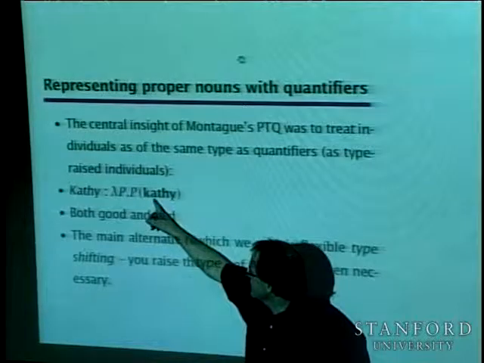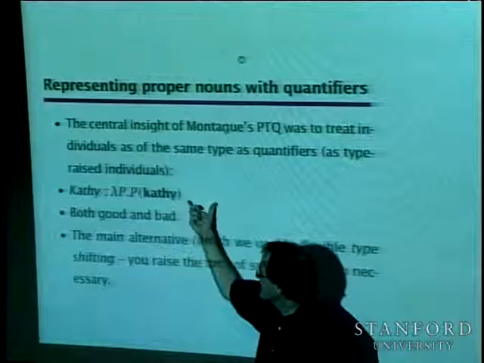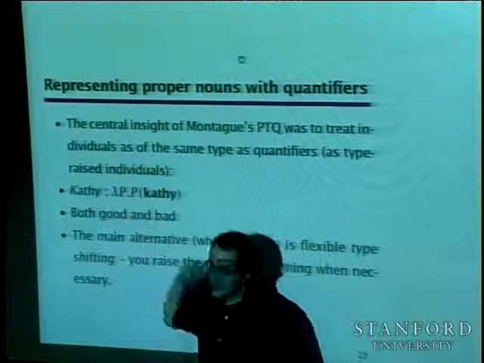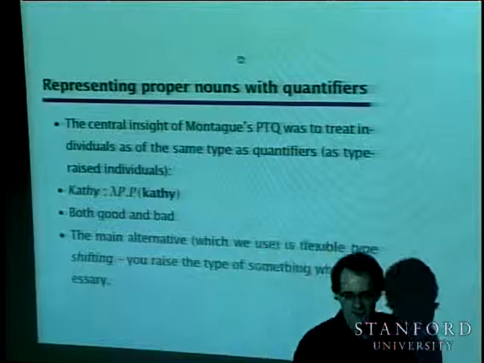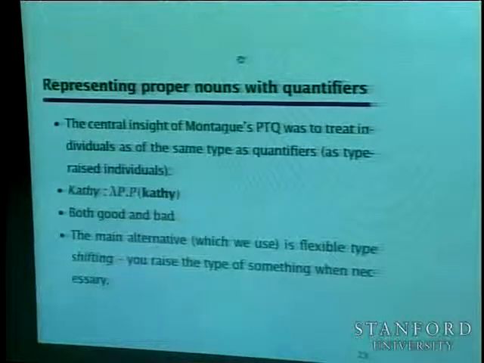But once you have this, if you want to have the semantics of Kathy runs, well, you've got the property of running things, and you stick that in as P, and you're evaluating whether Kathy is true of it. So you've fundamentally changed around what are the functors and arguments.